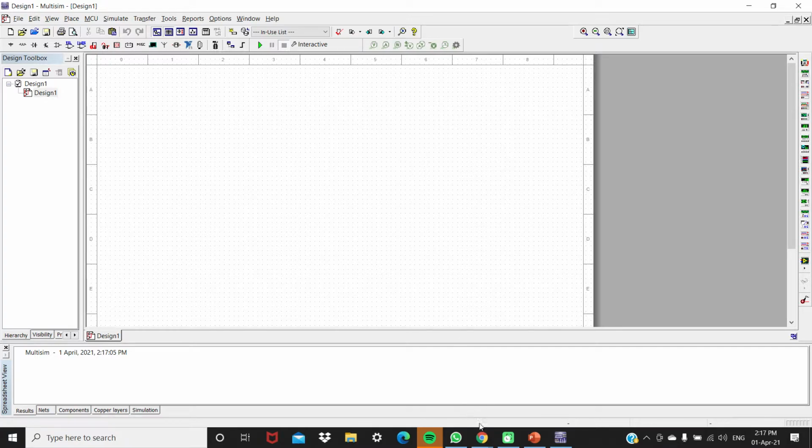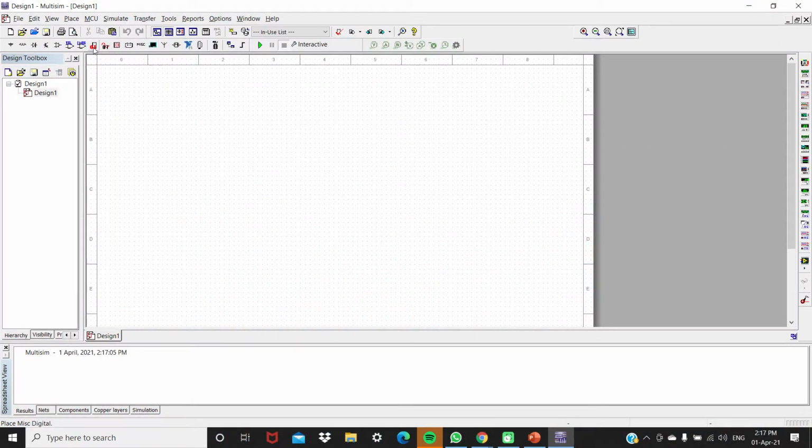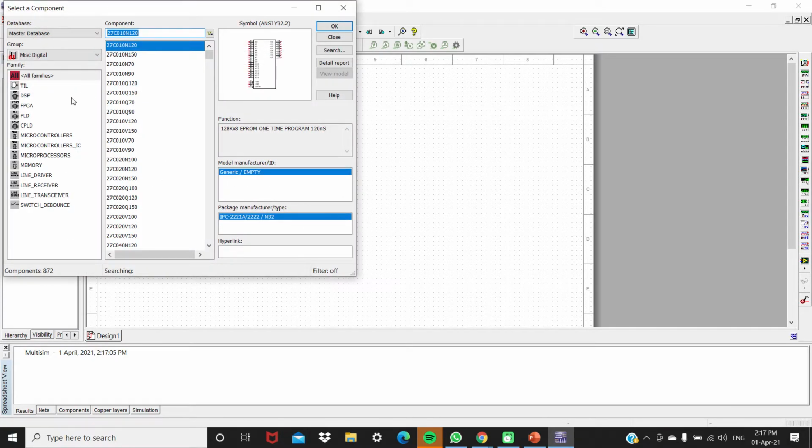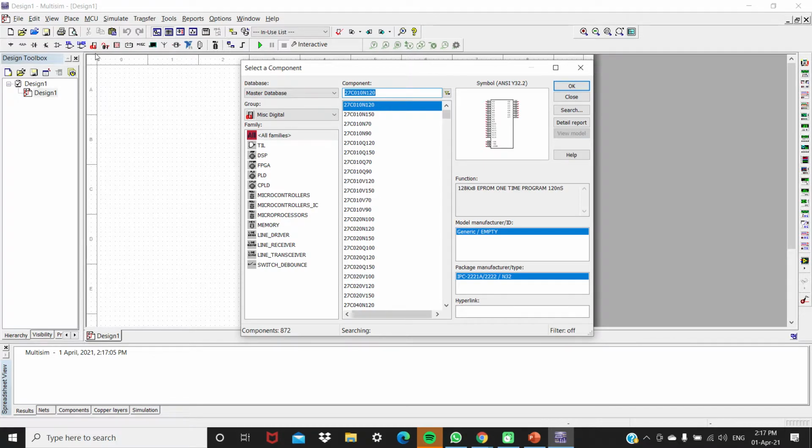As you can see here, we have the voltage source, which is 12 volts, and the resistor for each branch. First, I'm going to show you how to place the source. All you need to do is click up here on the place MISC digital.